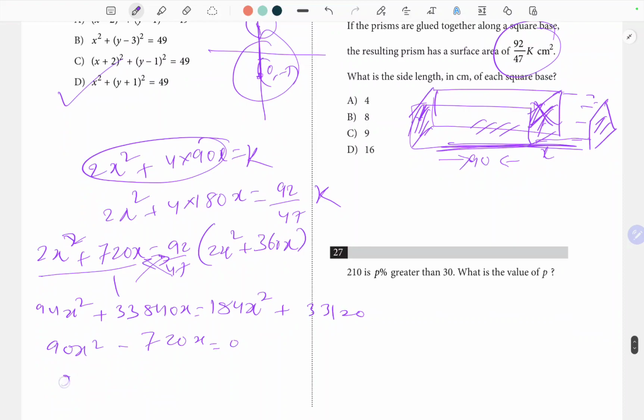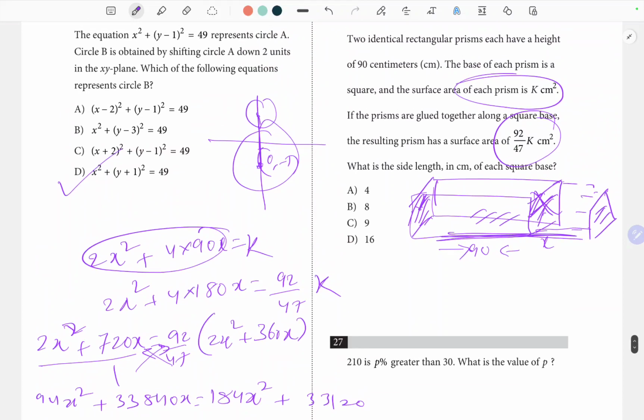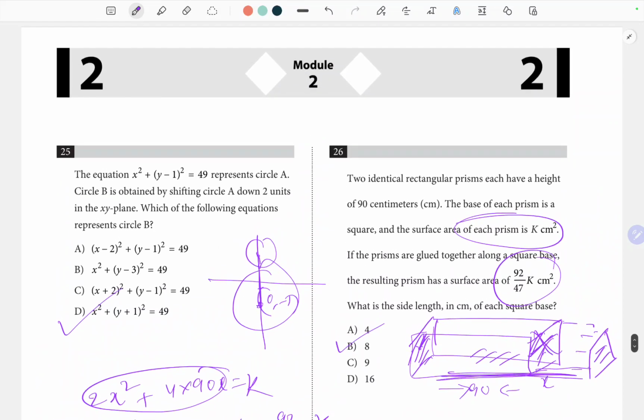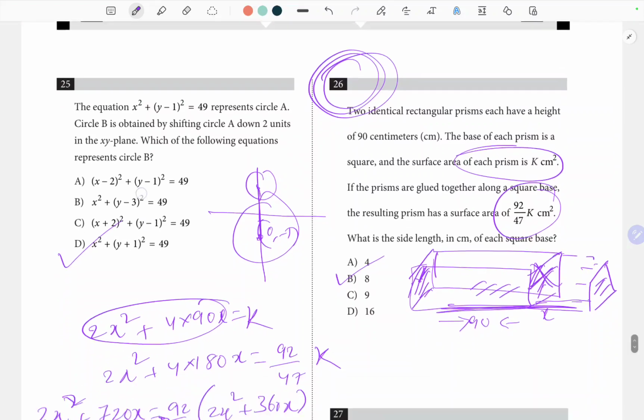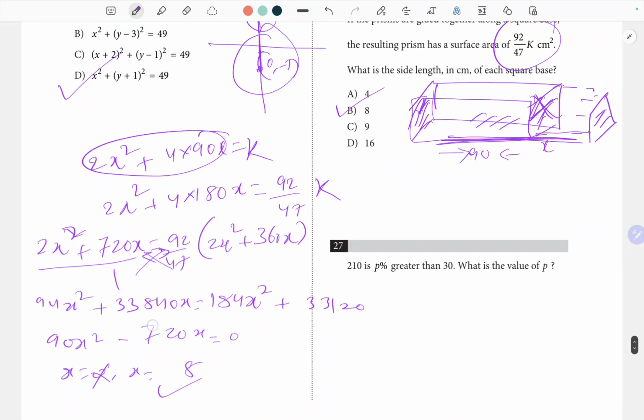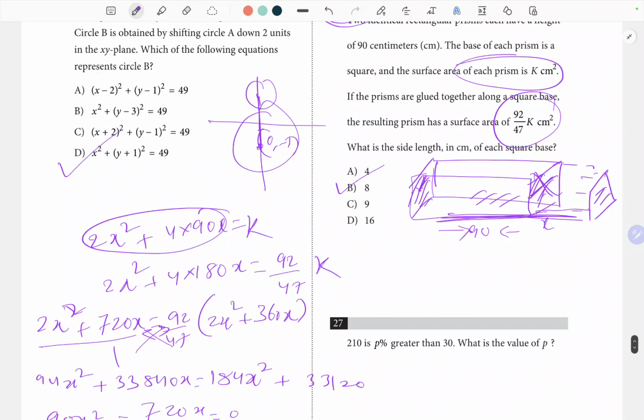So if we factorize, then x will be 0 and then x will be 720 over 90, which is 8. So of course 0 is not possible, then x equals 8. So finally we got the answer. So from this whole paper till now we got this question number 26, which is the good question according to me, which I could not solve mentally or very fast.